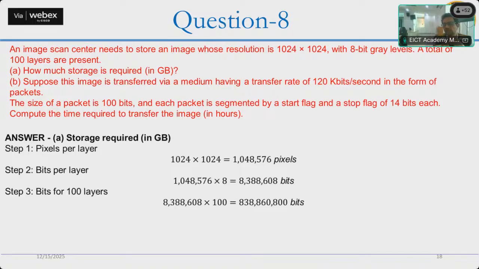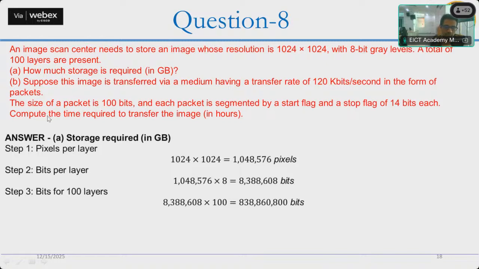When you send continuously, the bits may accumulate and get mixed, leading to distortion of the actual data. So people use a start flag and a stop flag, containing special bits. Each packet is segmented by a start flag and a stop flag of 14 bits.